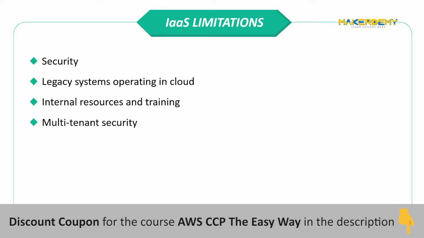Internal resources and training. Additional resources and training may be required for the workforce to learn how to effectively manage the infrastructure. Multi-tenant security. Since the hardware resources are dynamically allocated across users as made available, the vendor is required to ensure that other customers cannot access data deposited to storage assets by previous customers.